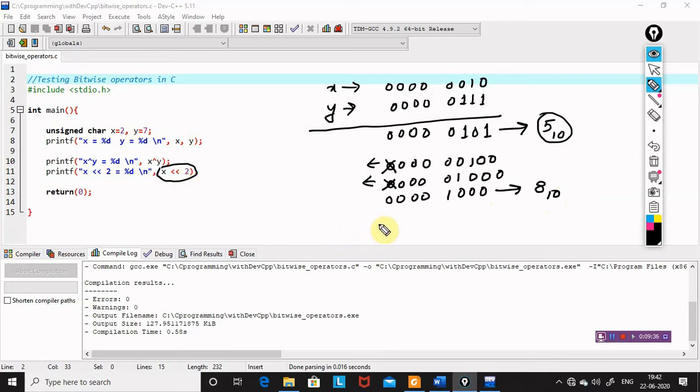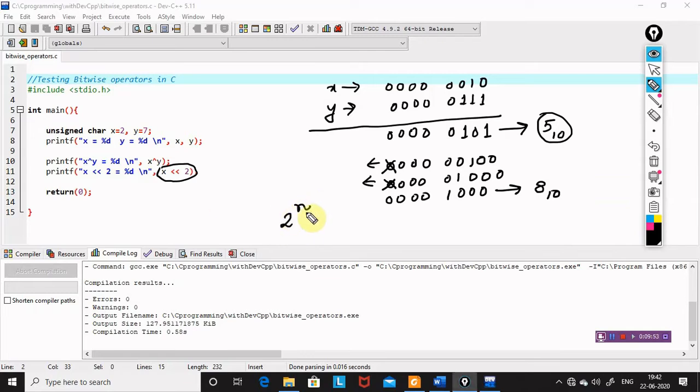One important point to note is, when we left shift a bit pattern by n number of times, it effectively means multiplying x, the number which is being shifted, by 2 to the power n.